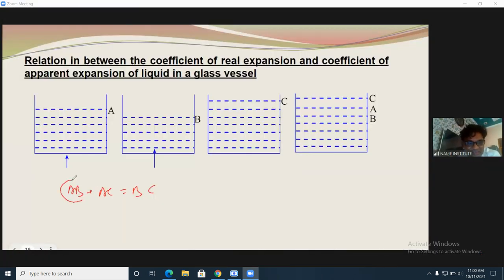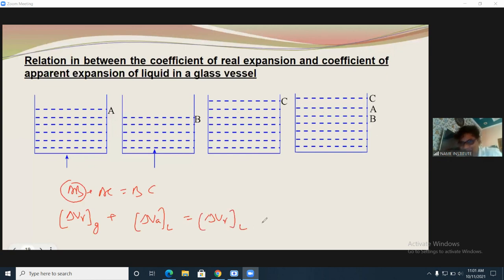What is AB? It is the real increase in volume of glass. So AB is the real increase in volume of glass, plus AC, which is the apparent increase in volume of liquid, and BC is the real increase in volume of liquid.